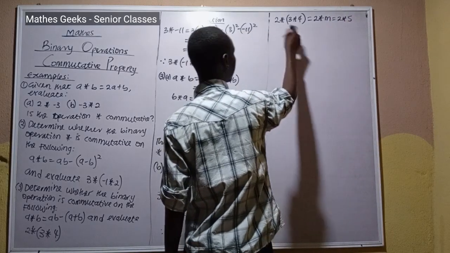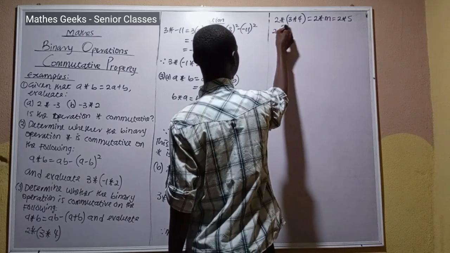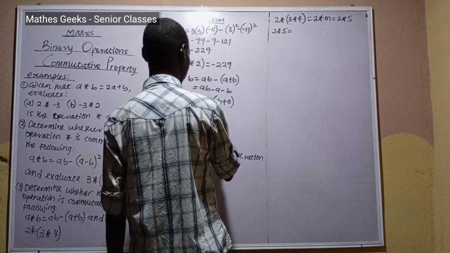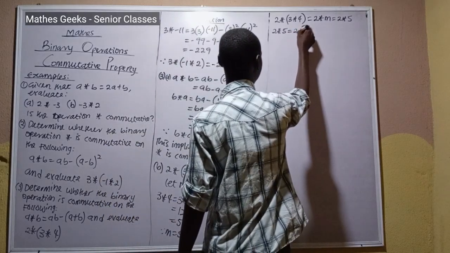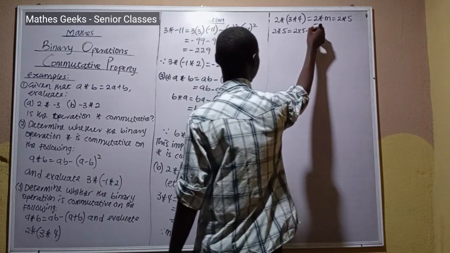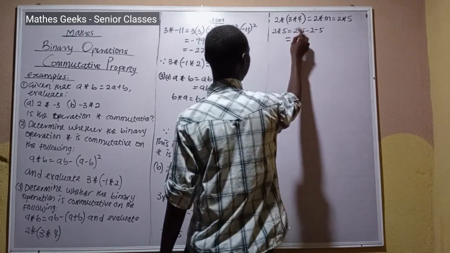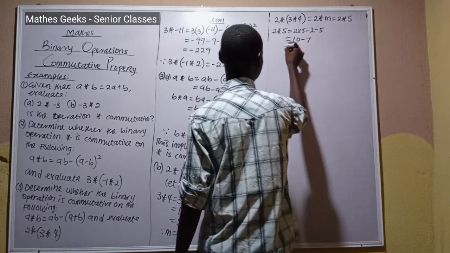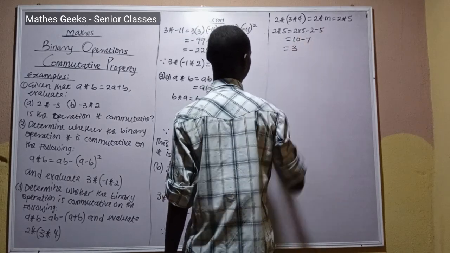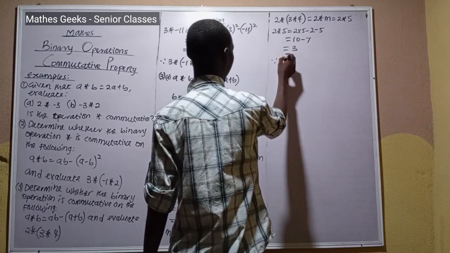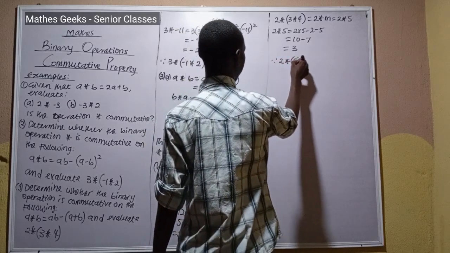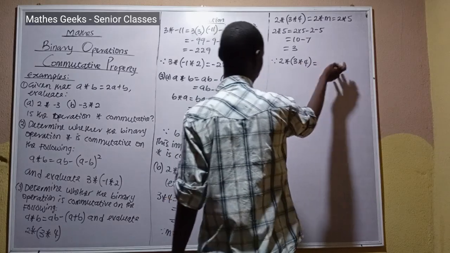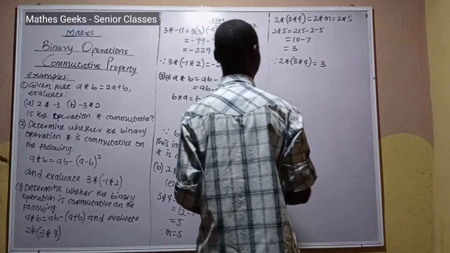So now let's evaluate 2 star 5. 2 star 5 is equal to, using the same rule of combination, 2 times 5 minus 2 minus 5. 2 times 5 is 10, minus 2 minus 5 is minus 7, 10 minus 7 is 3. So we say therefore 2 star 3 star 4 is equal to 3. That's our answer.